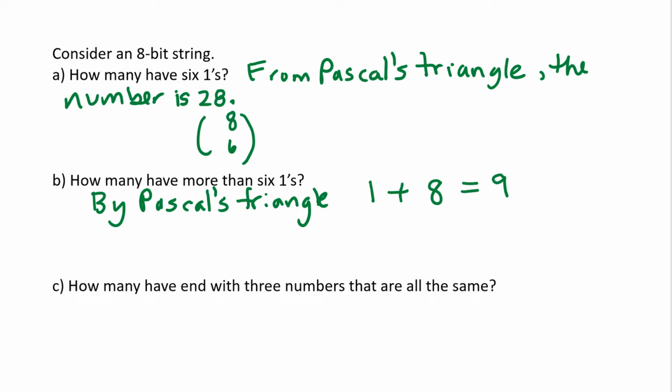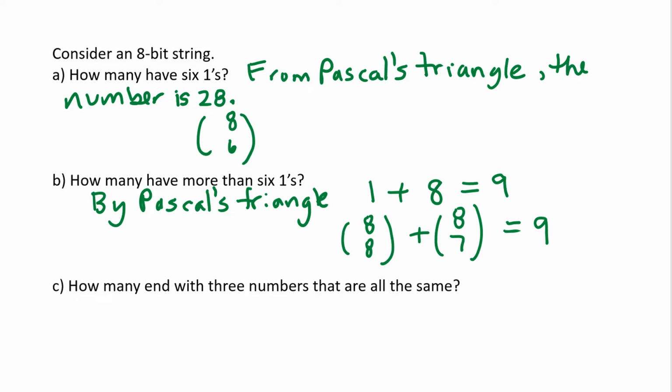This can also be computed directly as a combination of 8 choose 8, so of the 8 digit places, choose all 8 to be ones, and add that to 8 choose 7, of the 8-bit string places, choose 7 of them to be 1, and this is also equal to 9.